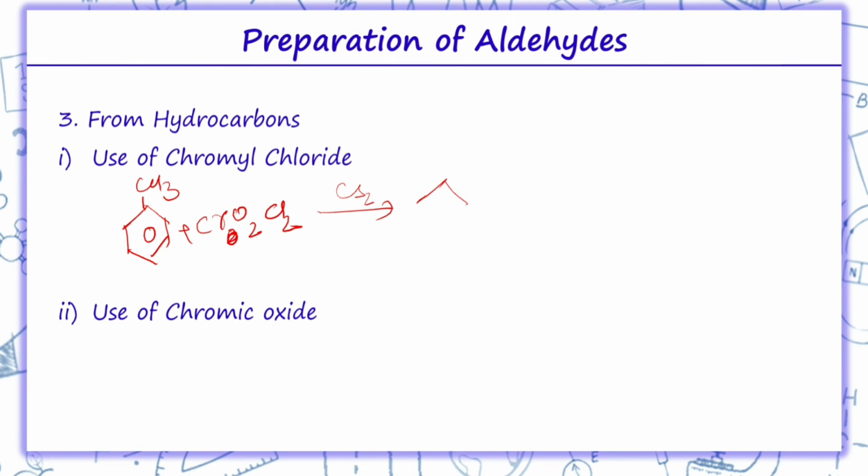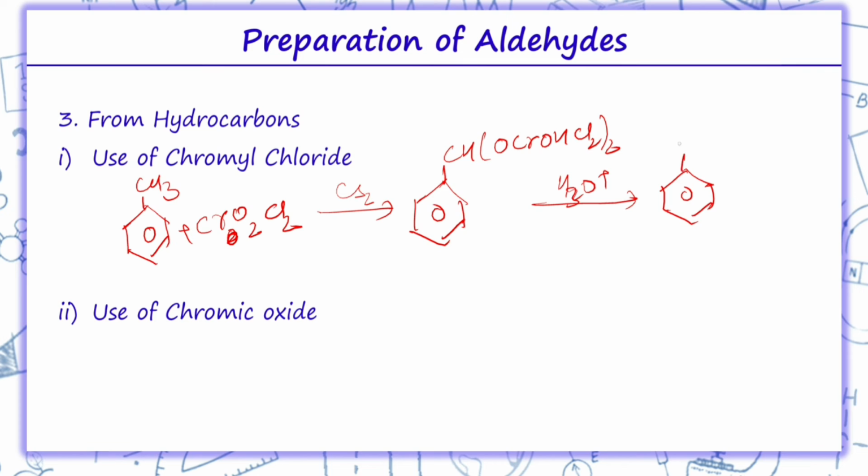So here we will see a chromium complex, that is C6H5CH(OCrOHCl2)2, which on hydrolysis will form benzaldehyde. So this is how we can prepare aldehydes from toluene, and this reaction is known as Etard reaction.